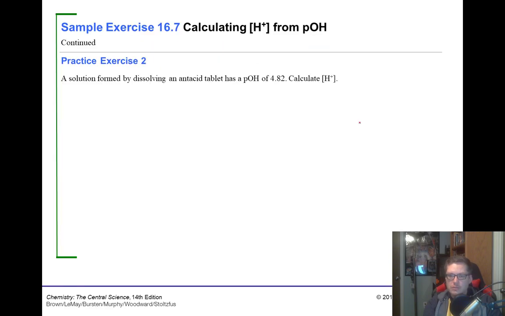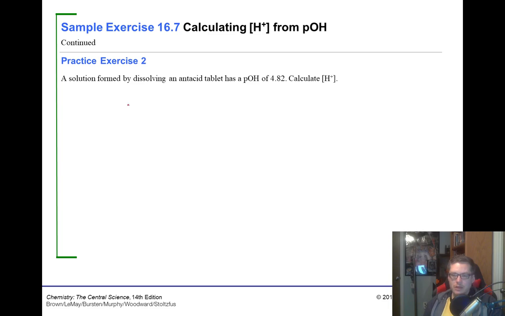All right. A solution formed by dissolving an antacid tablet has a pOH of 4.28. Calculate the H plus. Ooh. So this is a little different. So now, instead of going from a concentration of H plus to pH, we're going from pH to concentration of H plus.